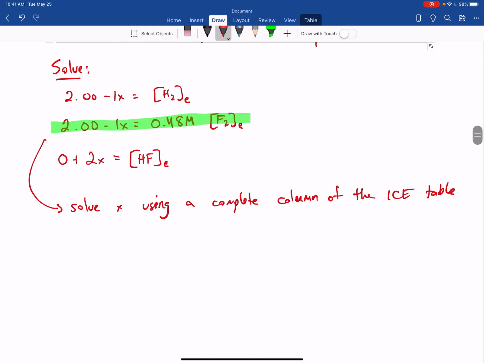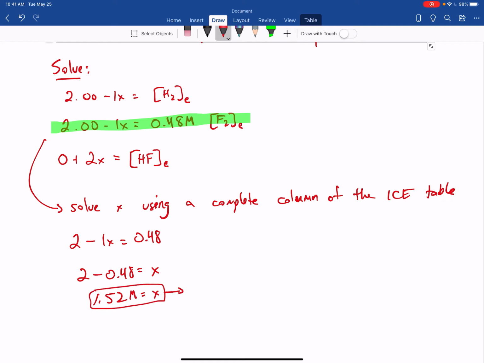Okay. So in this case, we'll just simplify it, we'll add the significant digits back after. 2 minus 1x is equal to 0.48. If we isolate this, we'll get 2, take away that, is equal to x. And we'll say 1.52 moles per liter is equal to x. Now, this is not a concentration.